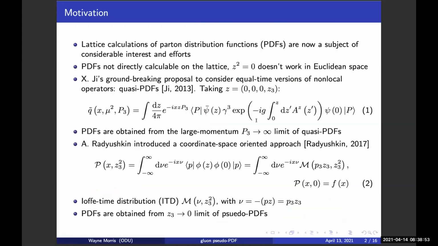The motivation here is that lattice calculations of PDFs are a subject of considerable interest and effort, though they run into some issues: they can't be directly calculated, given the issues pertaining to going into Euclidean space for the lattice. One solution was proposed in 2013 by Ji, a groundbreaking proposal to consider equal-time versions of non-local operators, or quasi-PDFs, from which you can obtain your light-cone PDFs in the limit of large momentum.